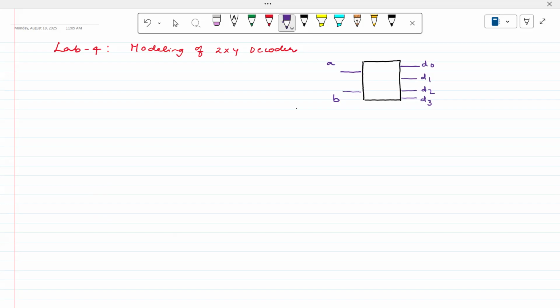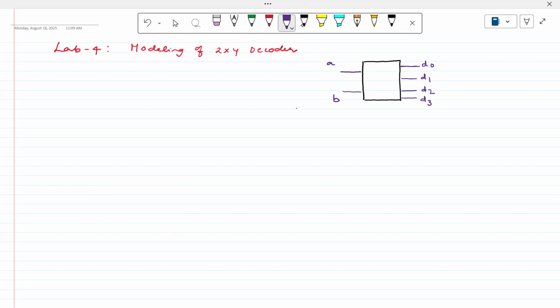So what is the functionality of this 2x4 decoder? If A B is 0, 0, then we have to consider all the outputs D3 to D0. At a time, only one output will be logic high, remaining all are logic 0, right?